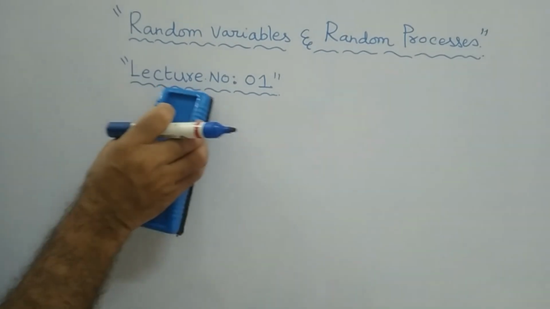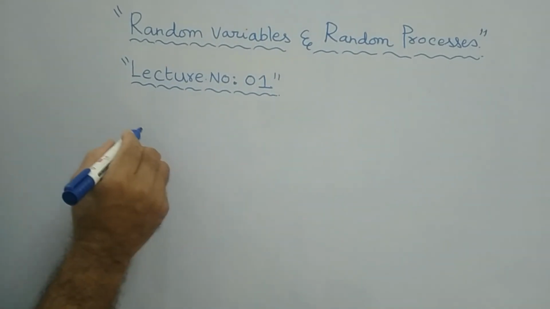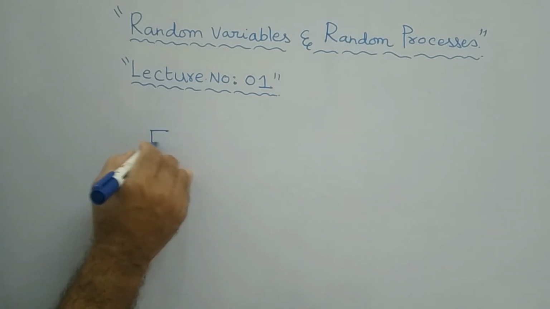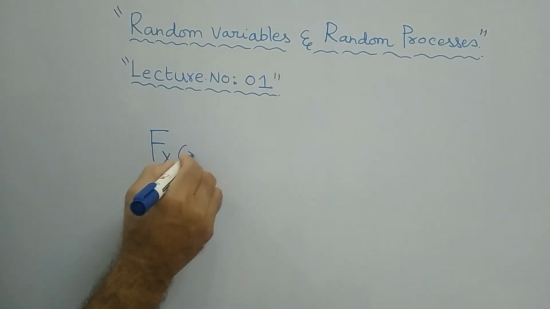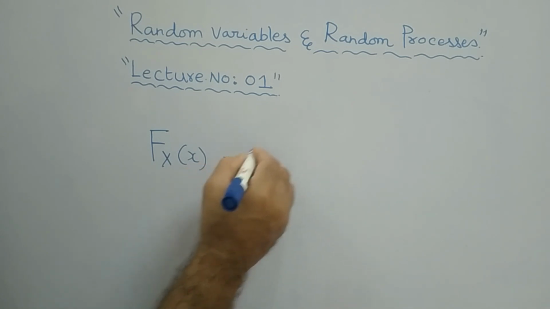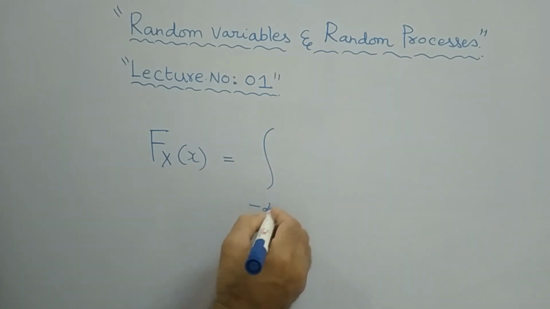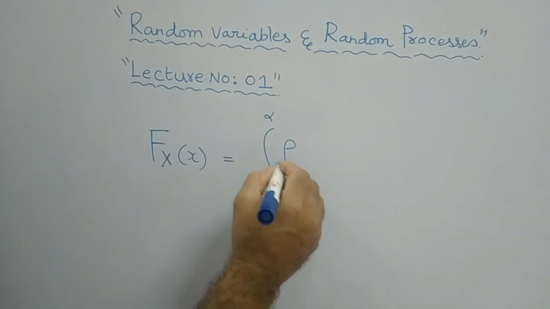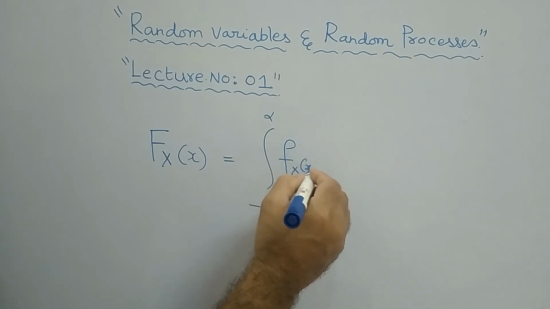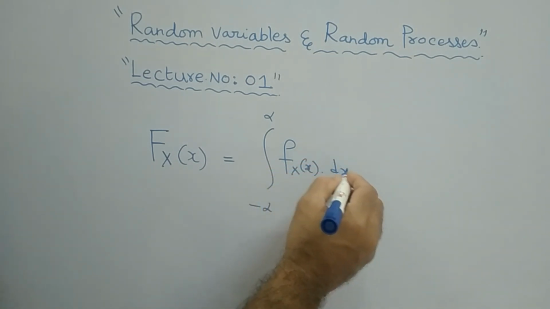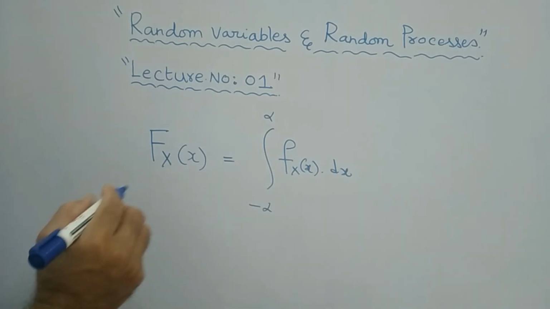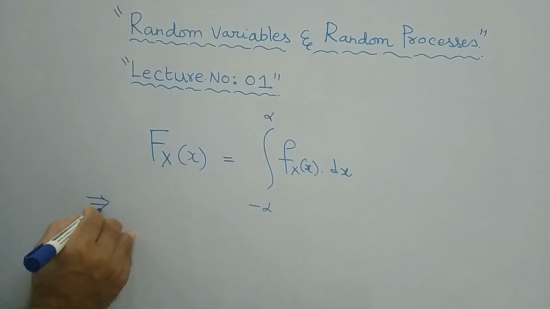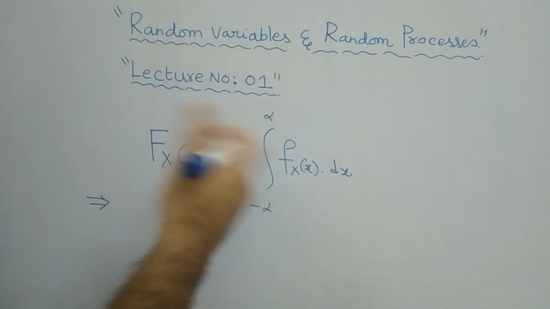Your capital F of x is nothing but the integral from minus infinity to plus infinity of small f of x into dx. Clear? By equating those two equations, you take the derivative on both sides.